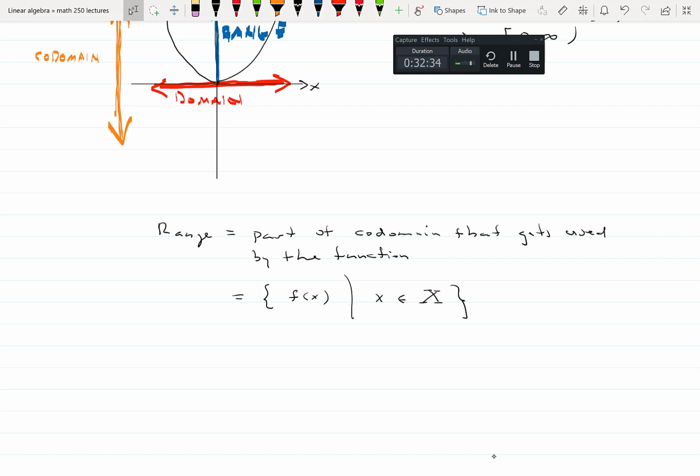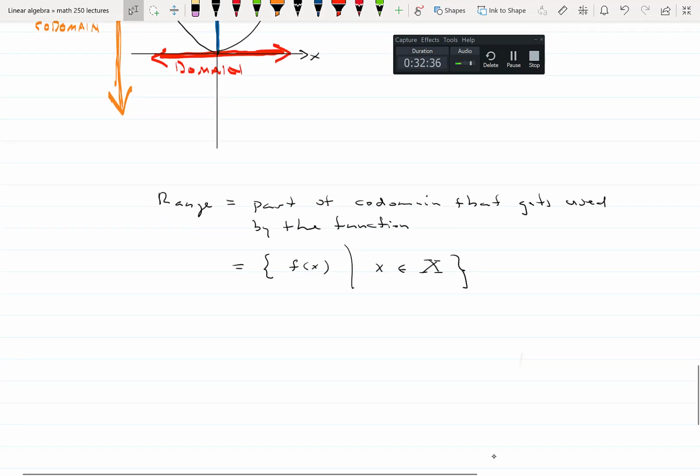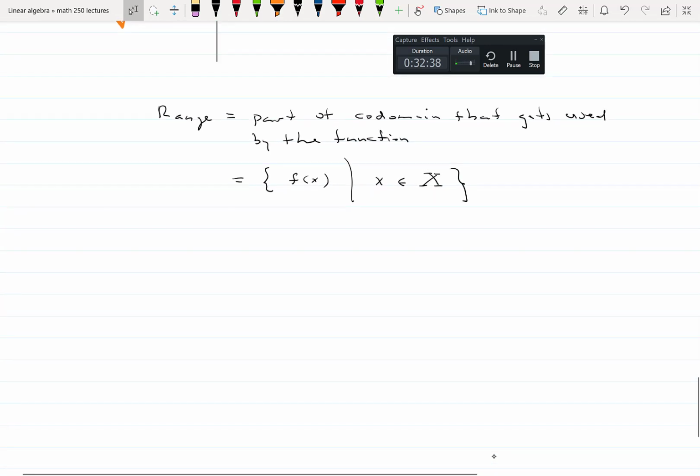I'm going to look at an example from Calc 3. If you haven't had Calc 3, because it's not a prerequisite for this course, don't worry about it. This is just to enhance your knowledge of the terms domain, codomain, and range.